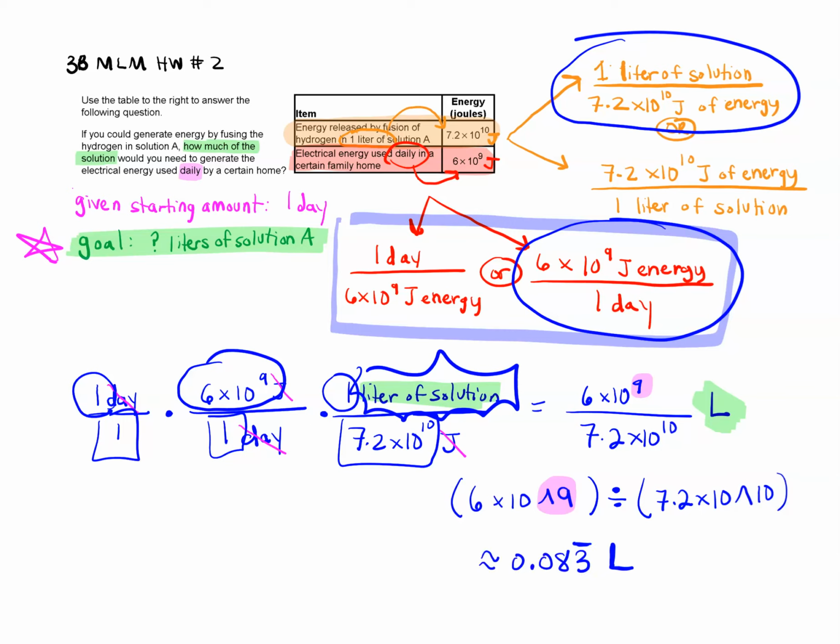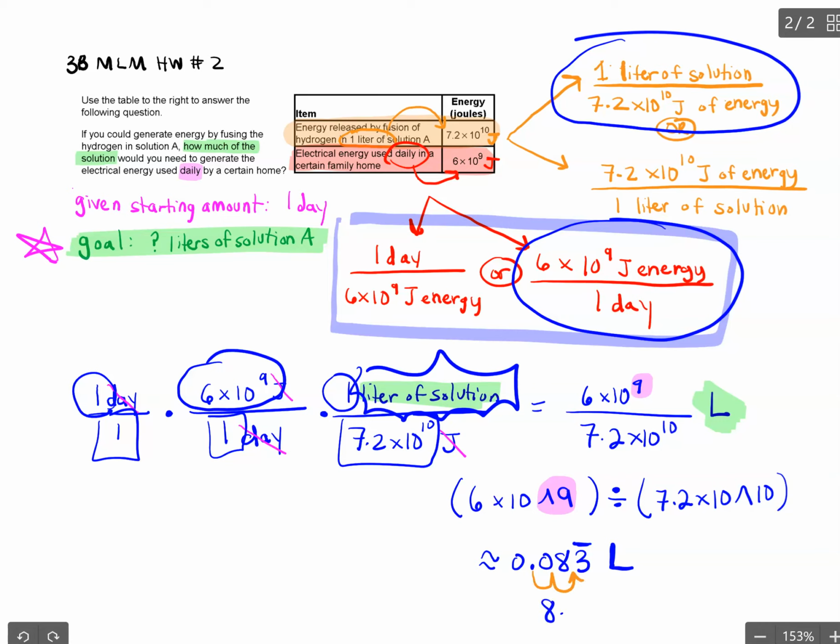Okay, we get the decimal 0.0833333333 repeating liters. And that's our answer. And on a test, that would be totally fine to enter, but MyMathLab is asking us to write this answer in scientific notation. So remember, with scientific notation, we need exactly 1 digit in front of the decimal point, and that digit can't be 0. So I need to push my decimal 2 place values.